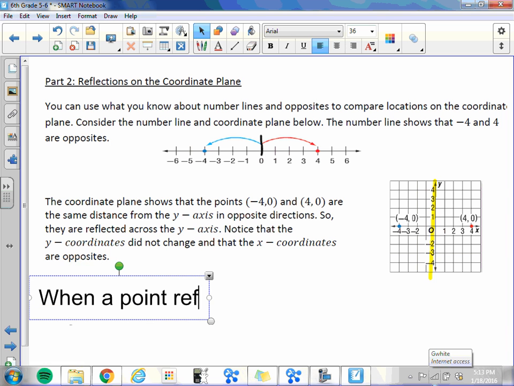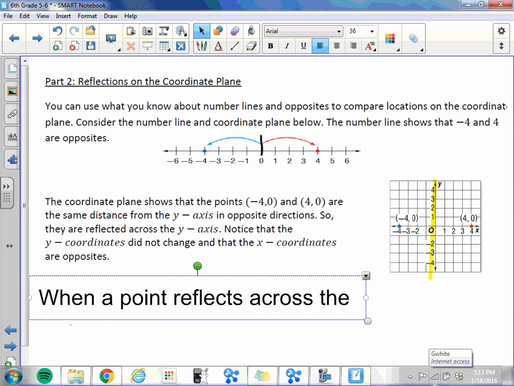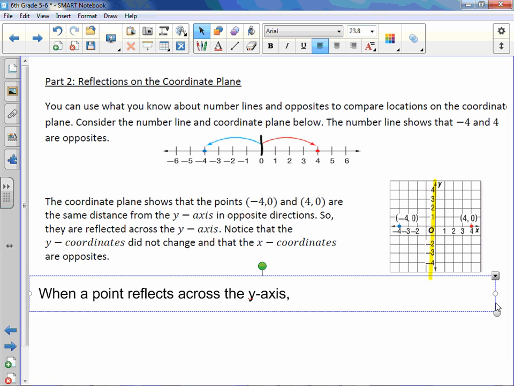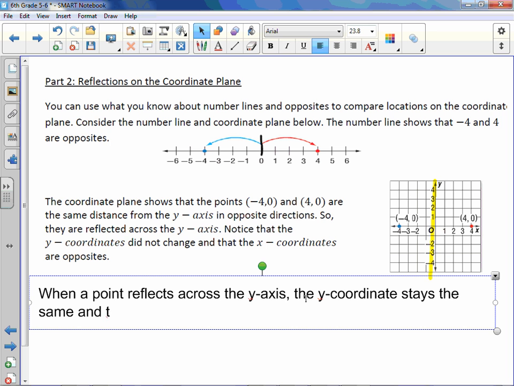When a point reflects across the y-axis, and let me make this font a little bit smaller, the y-coordinate stays the same, and the x-coordinate changes to its opposite.